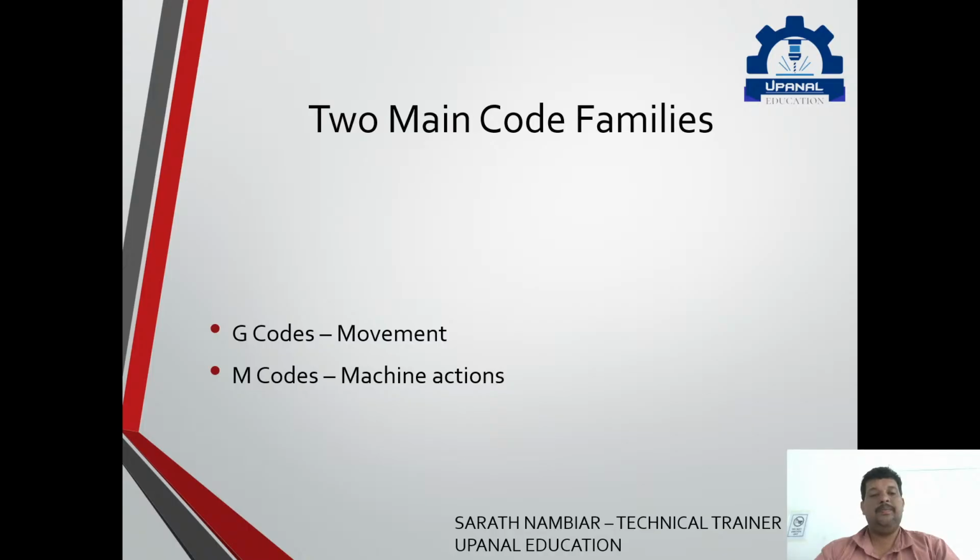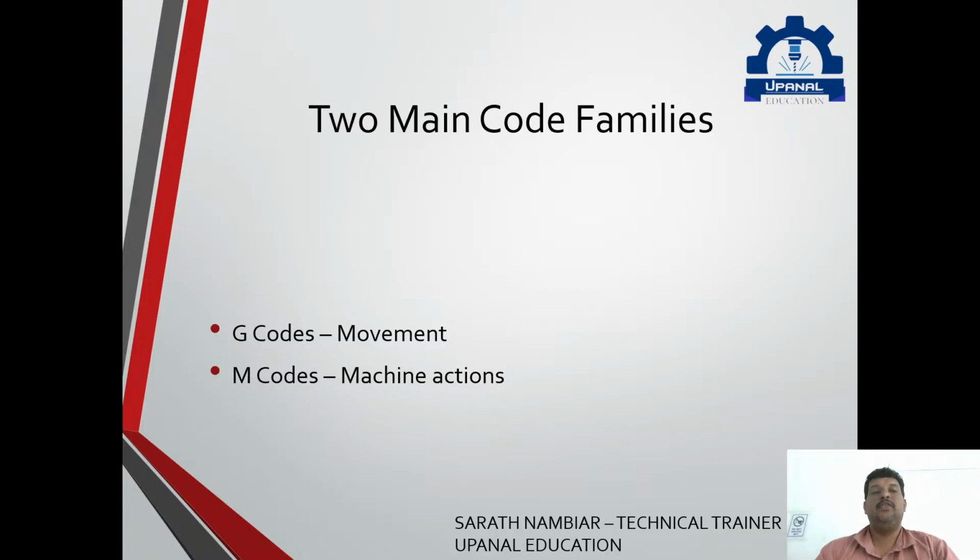What is G code? G code is used for all the movements. For example, go left, go right, go front, go back, go up, go down. All these come under G codes. Whereas M codes are the machine actions.